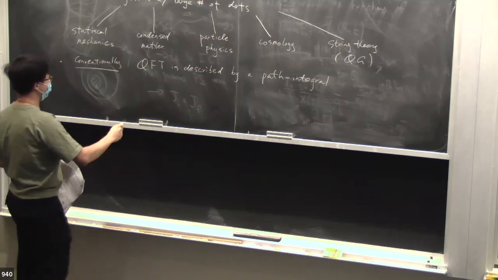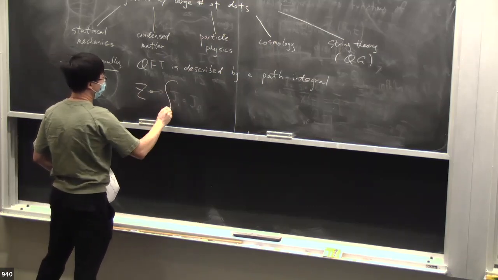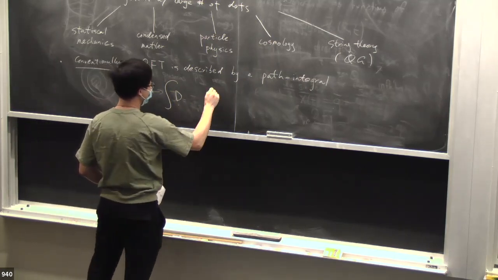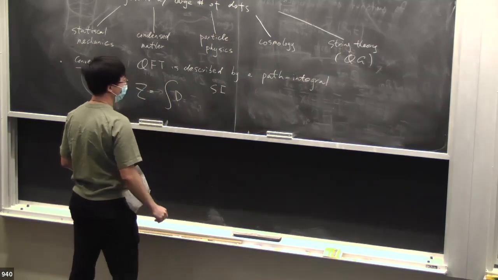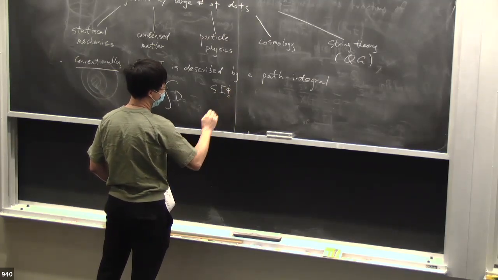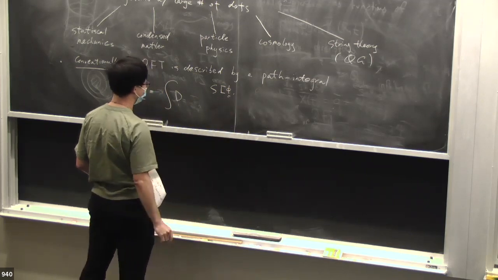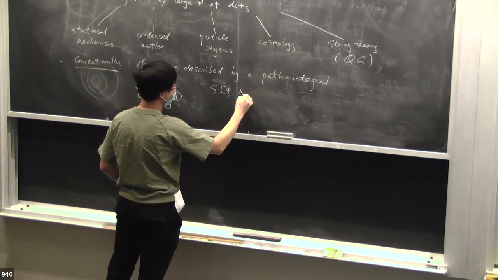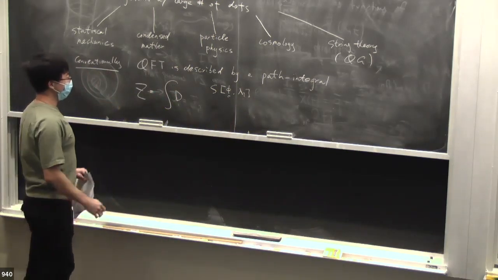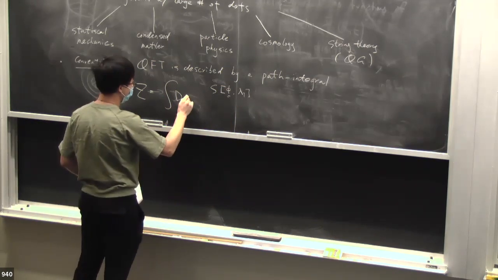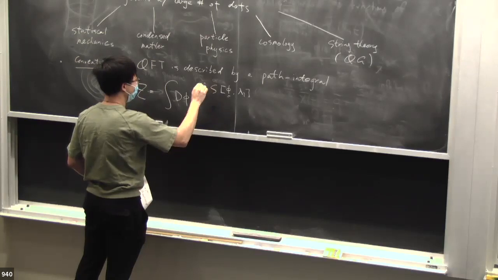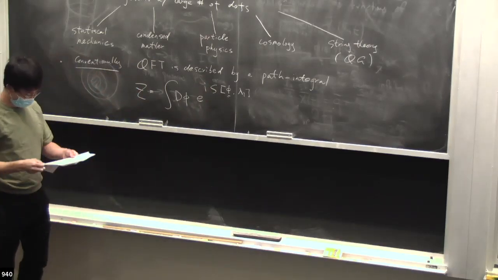The path integral generally takes the following form. There's some action, which is an integral of some Lagrangian density, and is a functional of some fields, the quantum fields, denoted collectively by phi, and some coupling constants, denoted by lambda_i. The dynamics of the quantum field theory is governed by the path integral, which is the infinite-dimensional integral over all configurations of the quantum field phi, weighted by the exponential of this action.